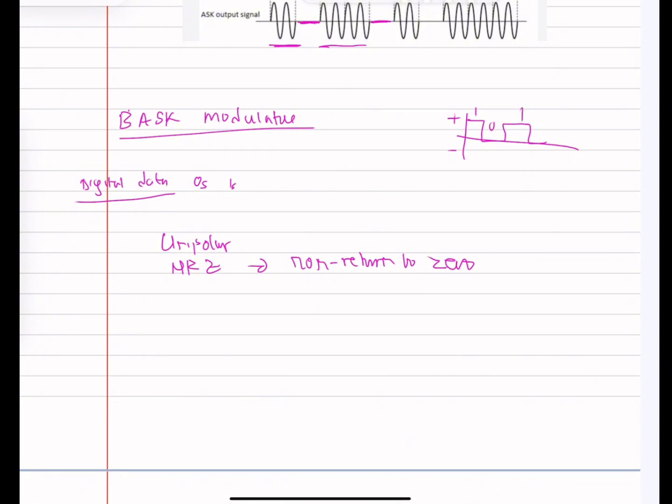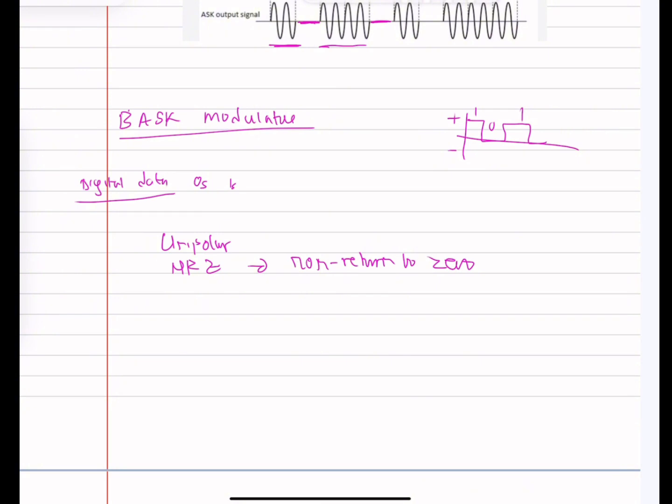The unipolar return to zero also uses only one voltage level, usually positive, but the signal returns to 0 after each bit, regardless of whether it is 0 or 1. With unipolar non-return to zero, the signal does not return to 0 between bits. It remains at a constant positive voltage for a 1 bit and at 0 volts for a 0 bit.